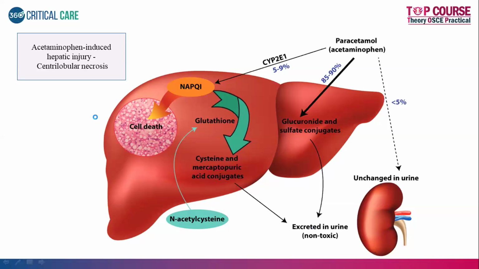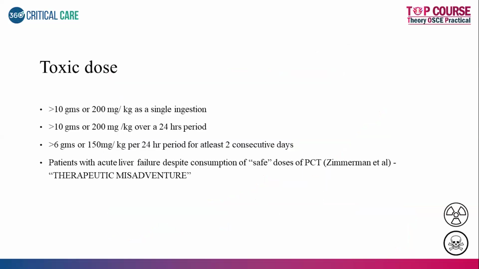One more thing you need to mention when discussing the pathophysiology of paracetamol toxicity is that paracetamol-induced hepatic injury is basically a centrilobular type of necrosis. Now coming to the toxic dose of paracetamol which causes this damage. First, a single ingestion of more than 10 grams or 200 mg per kg.